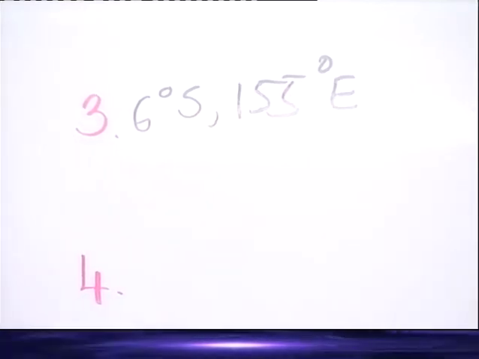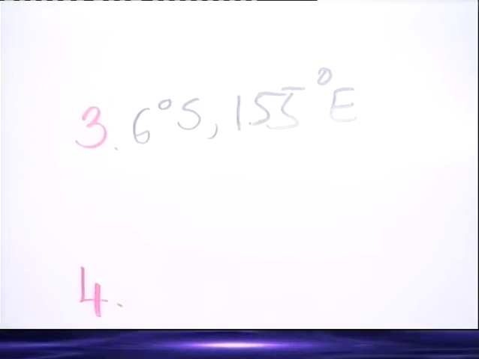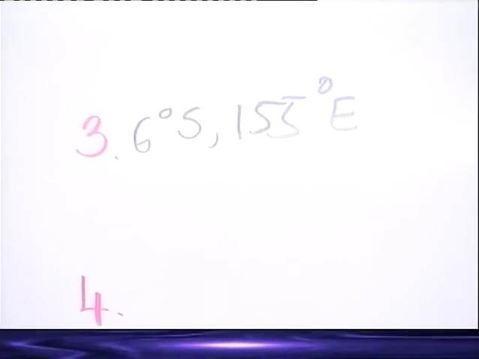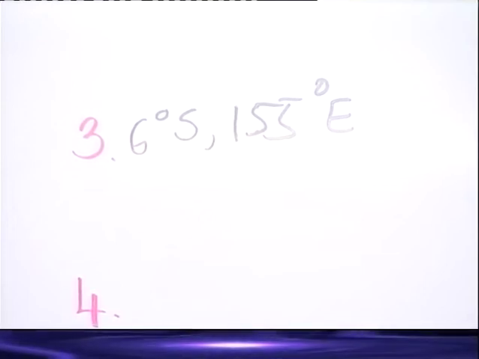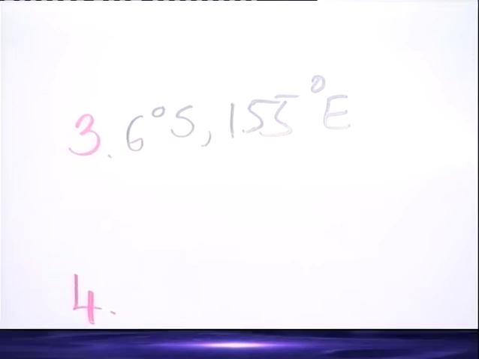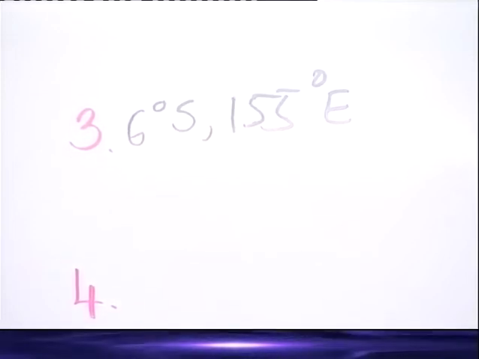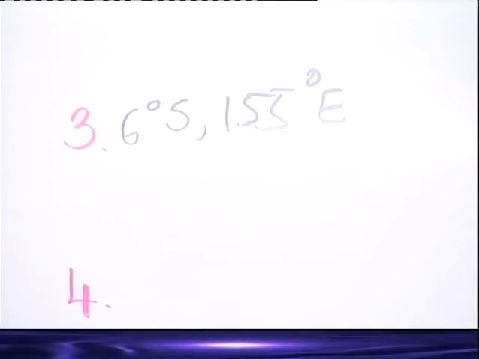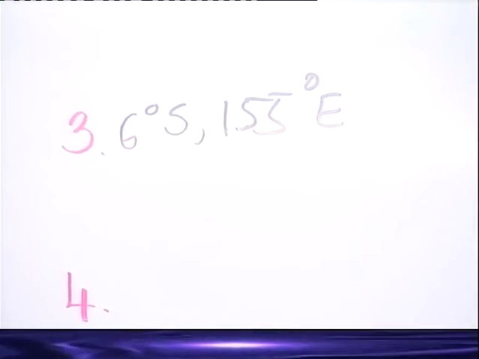All right, so the latitude, we rounded it off because it's nearly 6 degrees south. And the longitude reading, because it was in the middle, in between 154 and 156 degrees east, so we said 155 degrees east.